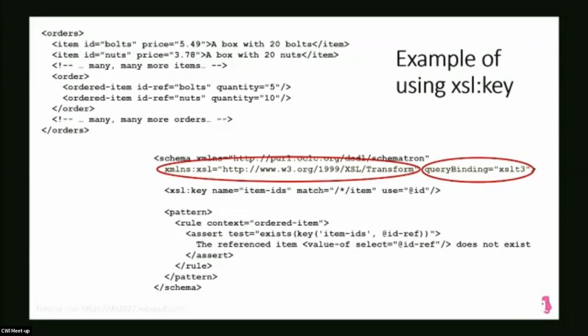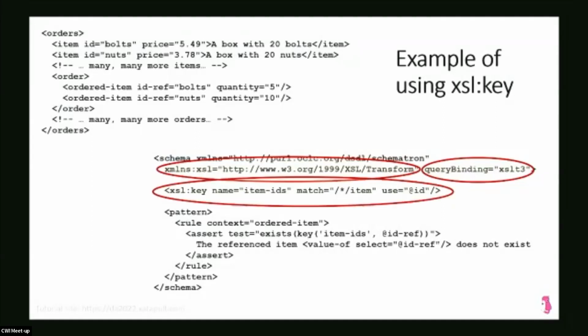You have to define the XSL namespace here in the normal XML sense because you're going to use XSL instructions in your XML. That's a different thing from using the namespace in an XPath expression. You're going to use XML elements from the XSL namespace in your Schematron schema. So you have to define the XSL namespace in the normal way as it's done here.